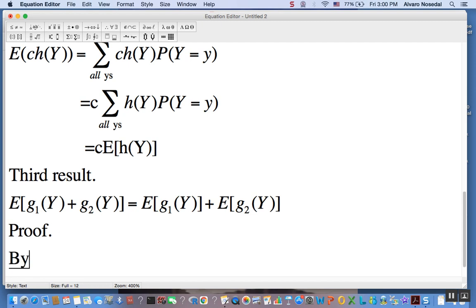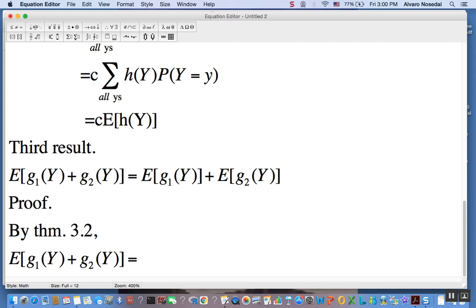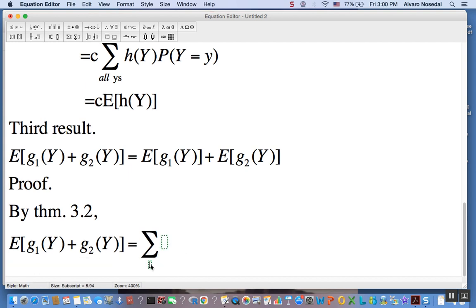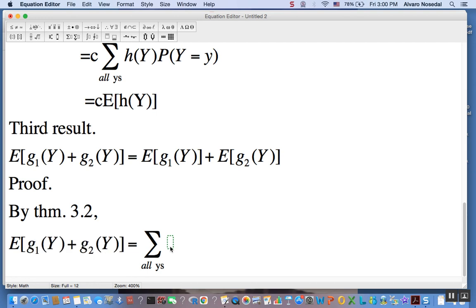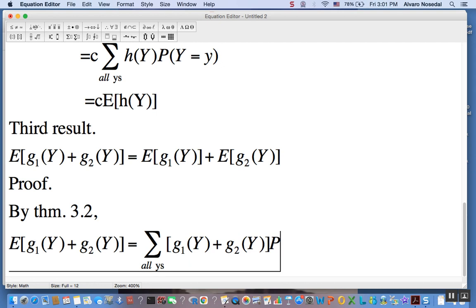So let me just say by theorem 3.2, the same that we have been using, this is just going to be what? The summation for all y's, possible values of y, of this guy, this ugly guy, times the original probability distribution of our random variable y, right? Okay.